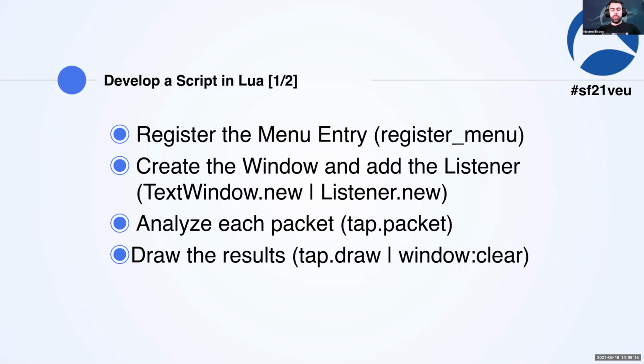Then you have to create a window. The window is used to draw the results. And then you need a listener. A listener is used to capture packets. Then you are going to analyze each packet using a specific function called packet. And then you are going to draw your results.